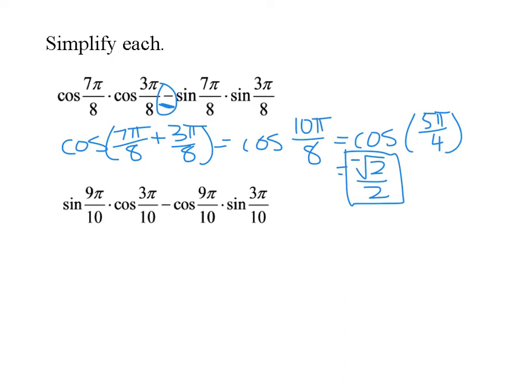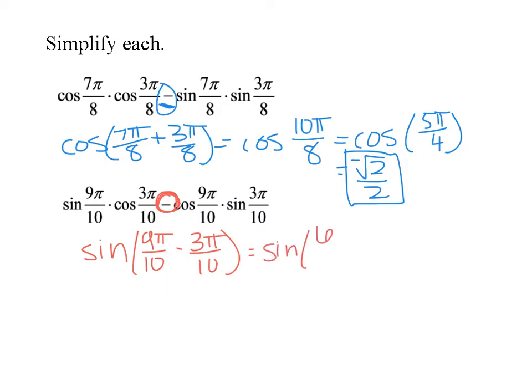All right, this next example, we have sine, cosine, cosine, sine. So that's a sine identity. So the subtraction in the middle will stay subtraction. So this is sine of 9 pi over 10 minus 3 pi over 10. And that's equal to sine of 4 pi over 10, which if we reduce that fraction, we get sine of 2 pi over 5.